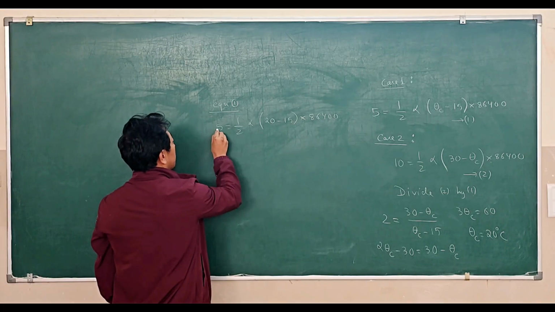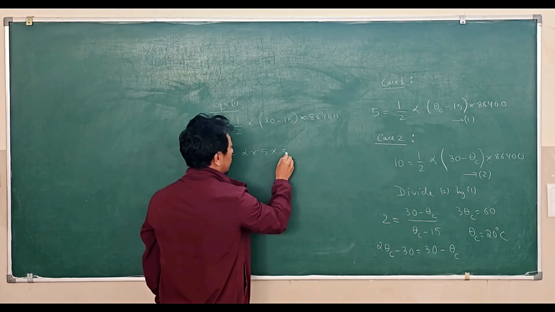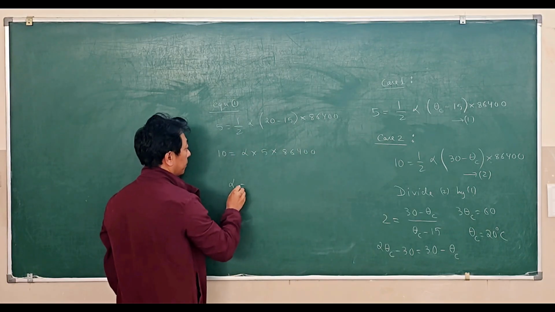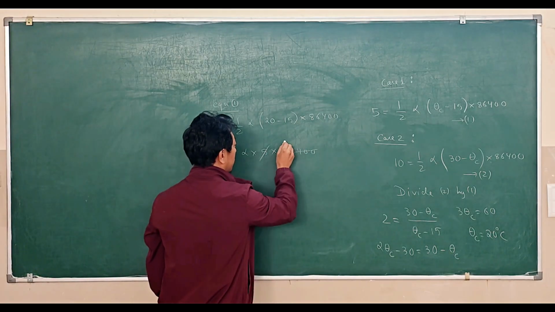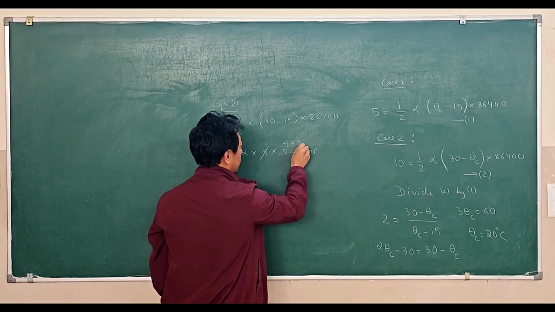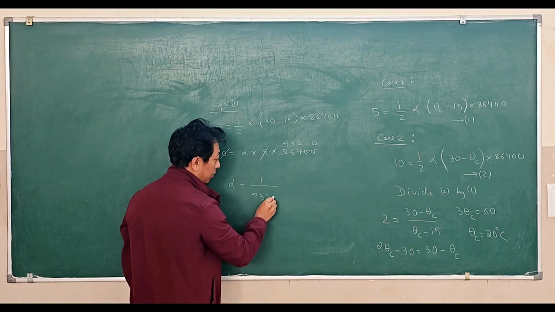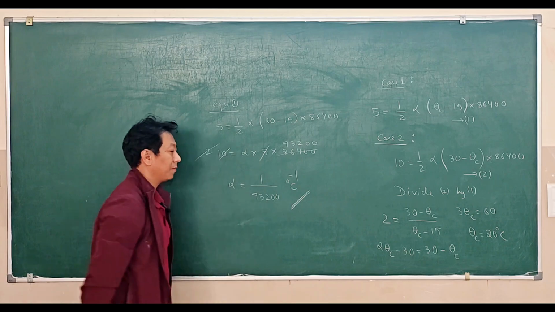So this will be cross multiply. 10 equals alpha into 5 into 86400. So alpha will be, 5 2s are 10, 2 4s are 8, 2 3s are 6, 2 2s are 4. So alpha will be 1 by 43200. Unit will be per degree Celsius.